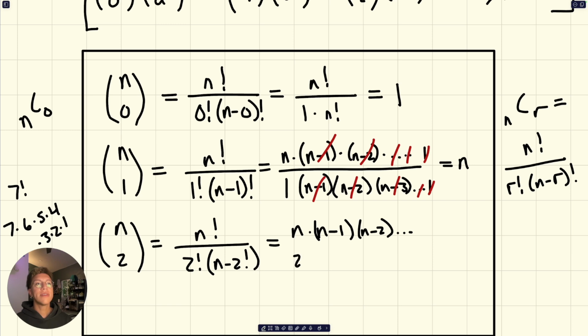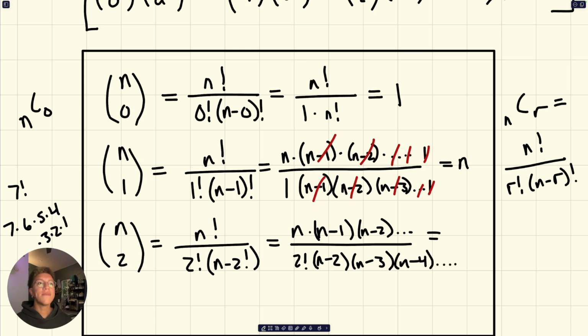This is going to be 2 factorial, we'll just leave that as that. And then here, we're going to get n minus 2, n minus 3, n minus 4, and that goes on down.